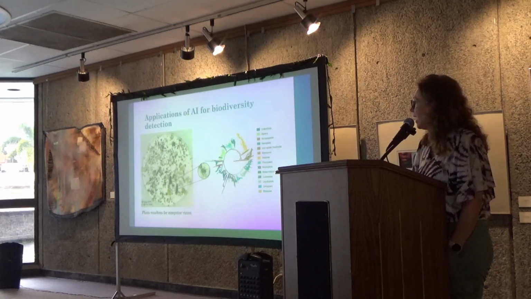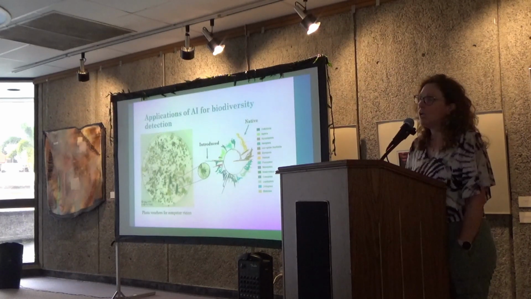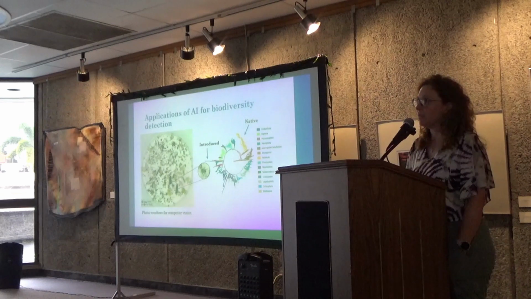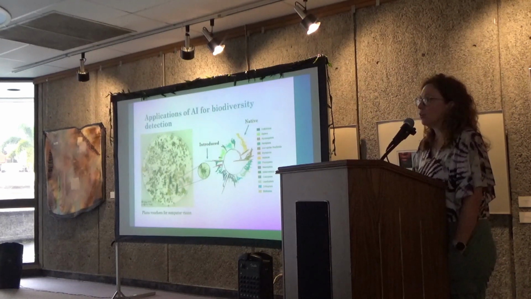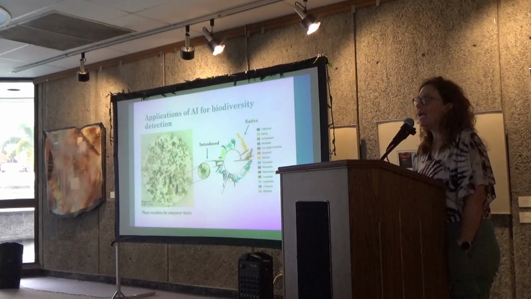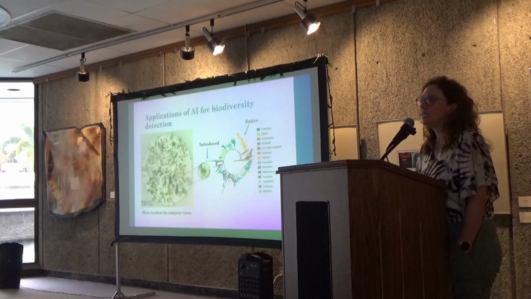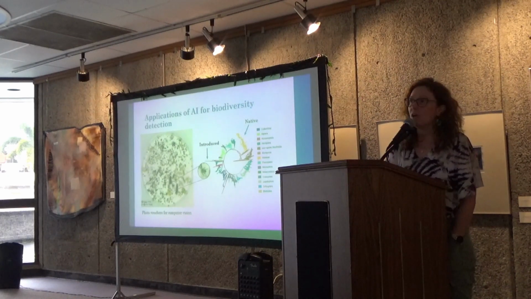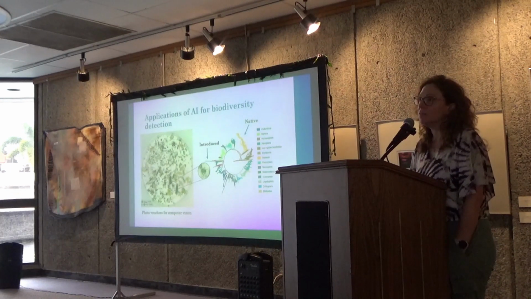If you compare that to the introduced clade, they have a very big genetic distance between them because they evolved somewhere else and then colonized here. So they're not each other's closest relatives. And so we can use both genetic diversity as well as genetic distance to separate taxa putatively into these categories of native and non-native, if we have some number of them that we can assign ourselves as training data.